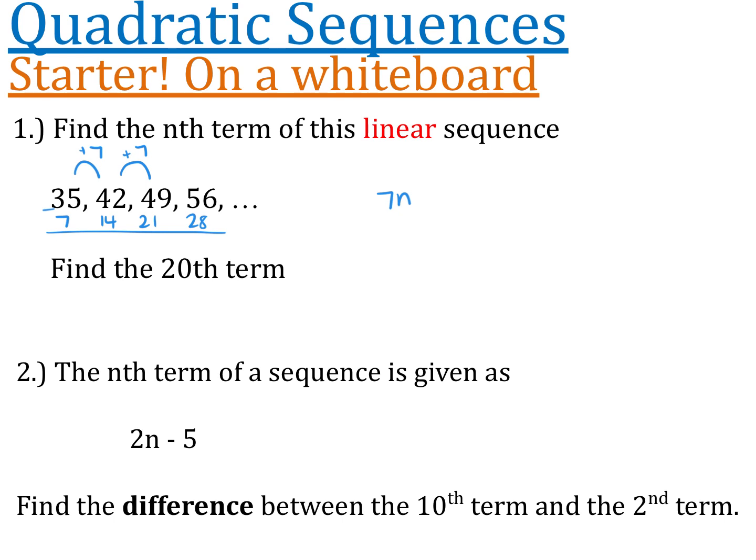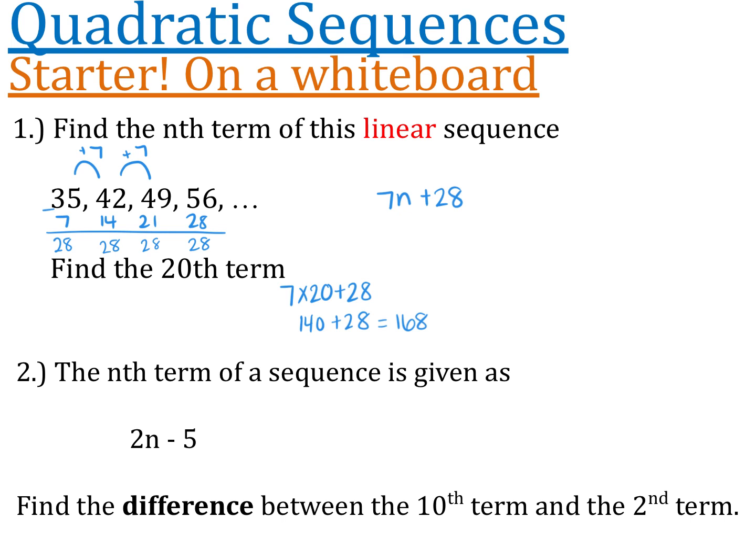I'm going to end up with 28, 28, 28, and 28. So this looks like it is the 7 times table plus 28 more. So if I want to find the 20th term, it's going to be 7 times 20 plus 28, which is 140 plus 28. So we're looking for 168.